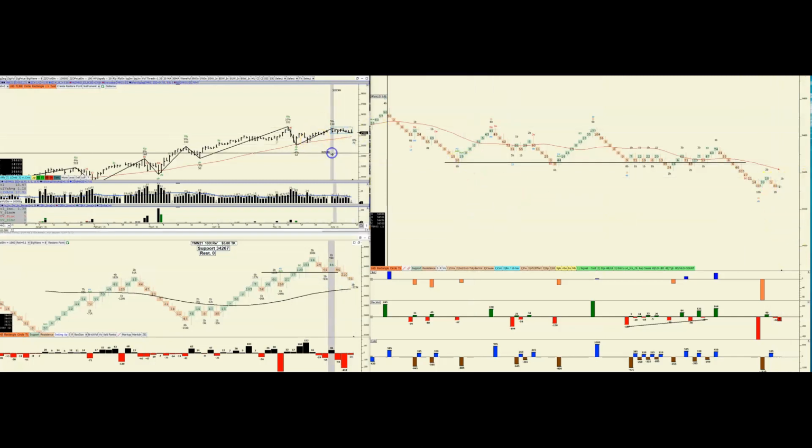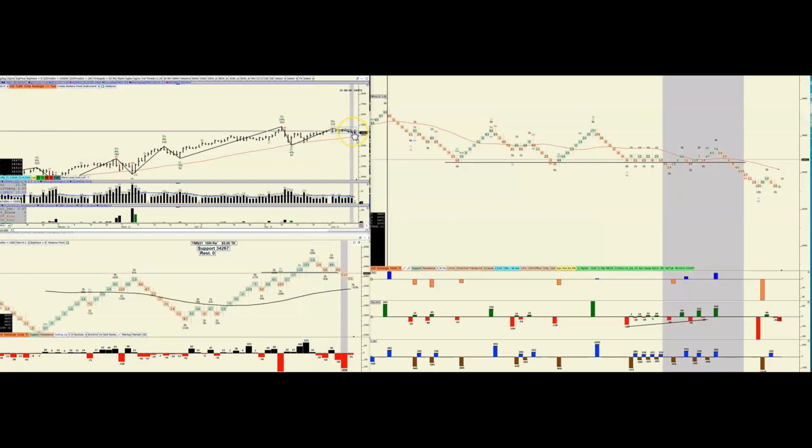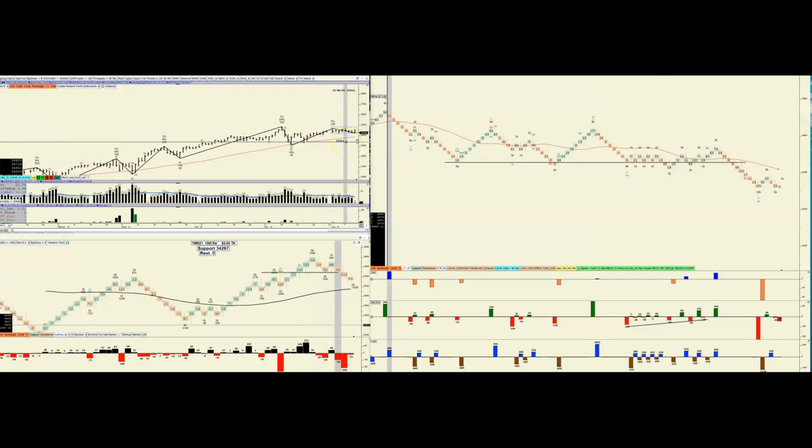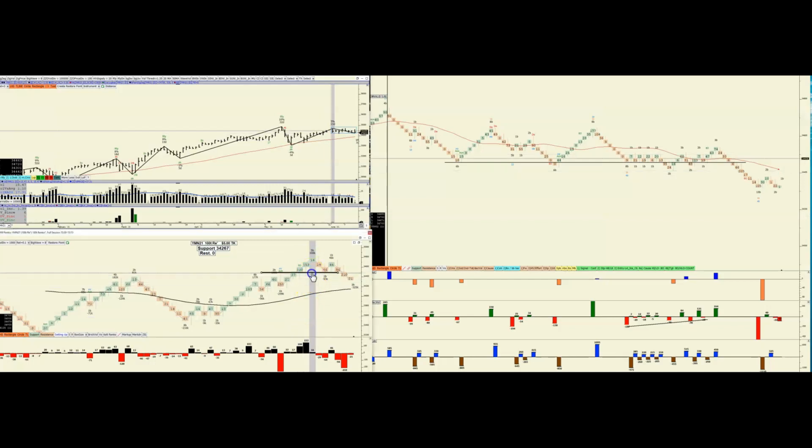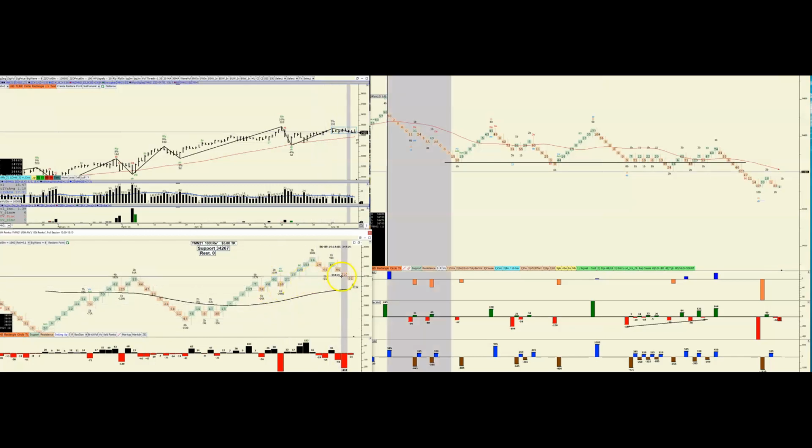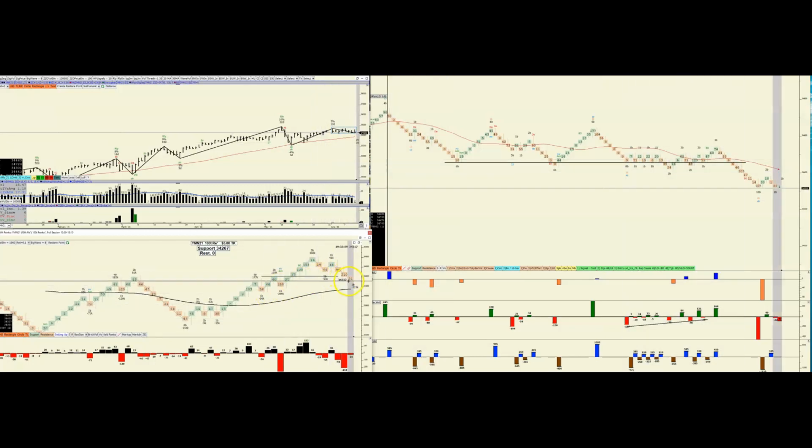On the daily though, what you see very clearly is it moving sideways. See, and in here, coming back into this heavy volume area right there, the 259, it's going right into it.